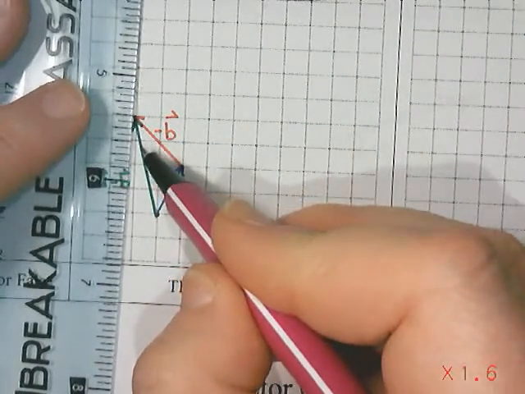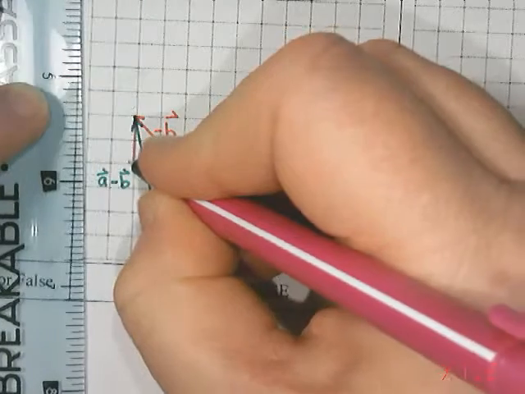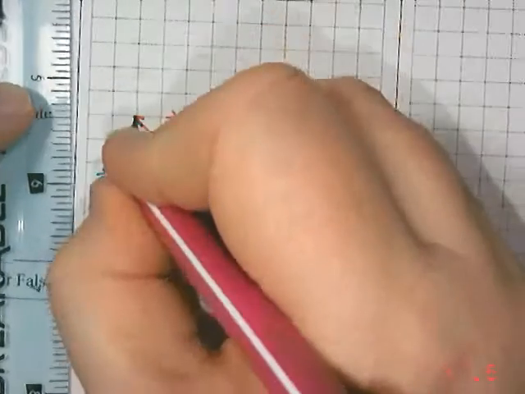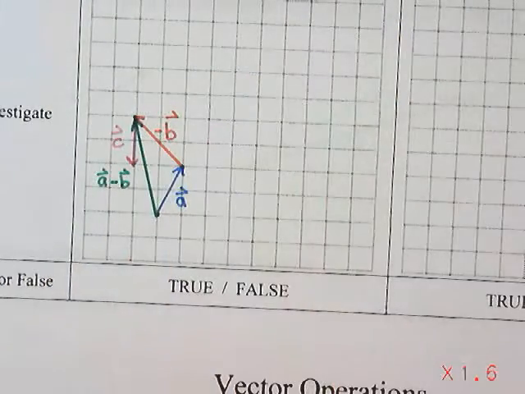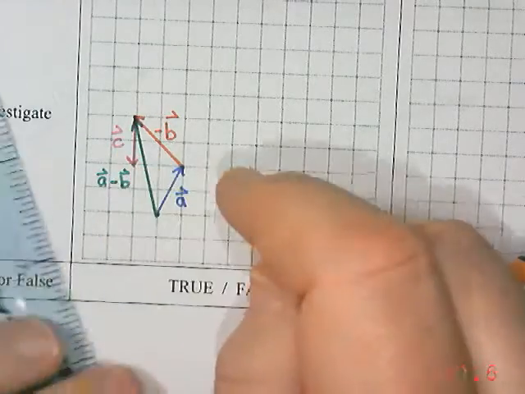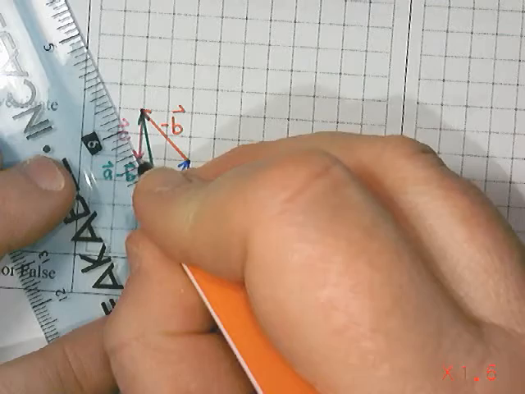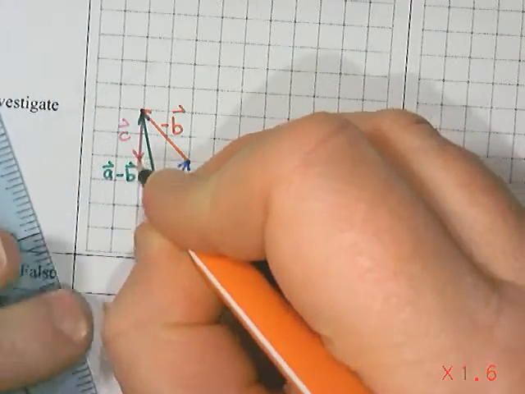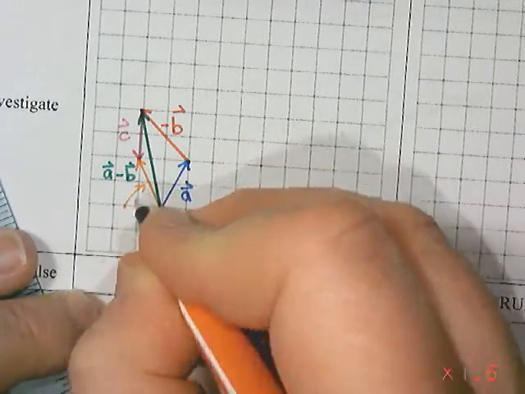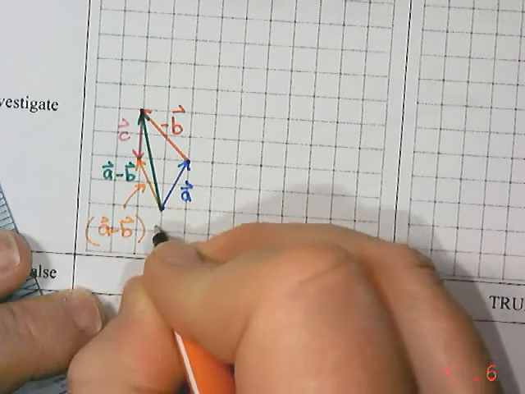So from here, we are going 2 squares straight down, and that is vector C. All right. So that means the resultant of A minus B plus C is this little guy right here. This is my fault for not making these further apart. This one is A minus B plus C.